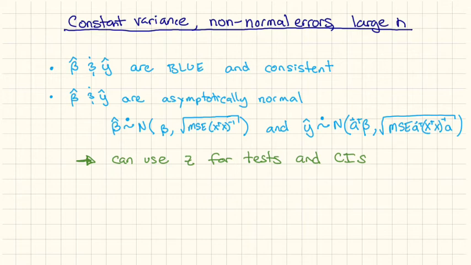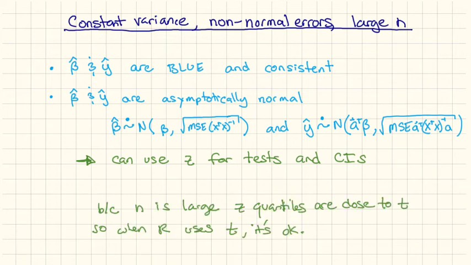We're not in the t-test situation, right? However, when n is large, the Z quantiles are really close to the t quantiles. They're not that much different. If you look at any table, as the degrees of freedom get bigger and bigger, so as the sample size gets larger and larger, and remember, we're in a large n situation, our t gets very close to our z.